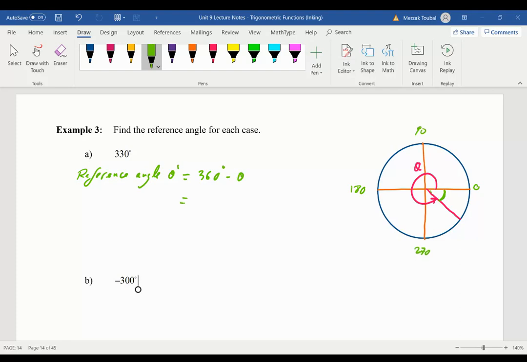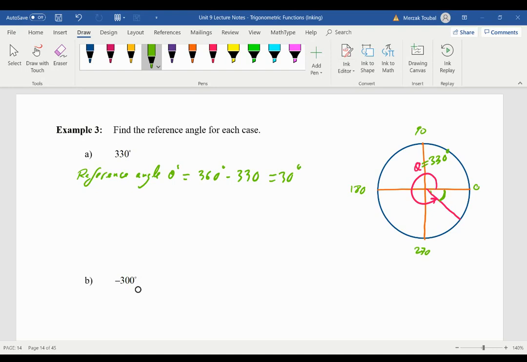It's 330. So it's 360 minus 330, which is 30 degrees. Because theta here is 330 degrees, and the full circle is 360. 360 minus 330 equals 30 degrees.